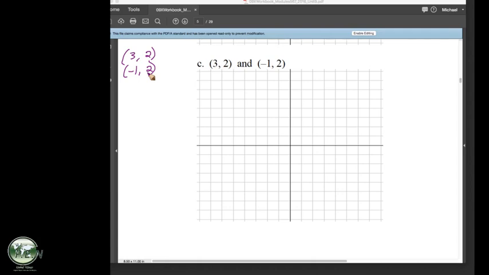So we can take a look. How are we doing? Anyone got an answer yet? Subtract the bottom from the top. So what's 3 subtract -1?